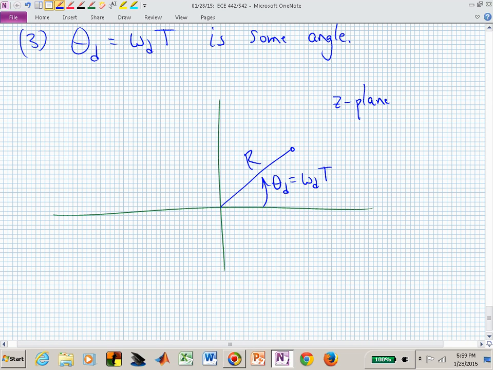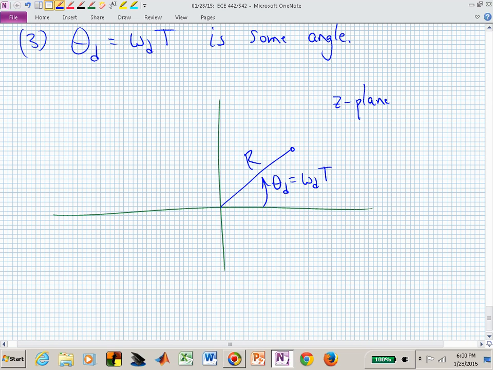Let's just think this through. Suppose r is 1. What's going to happen if we continue to iterate with something that has an r value of 1? Is it going to collapse or expand? If r is 1, it's on the unit circle.